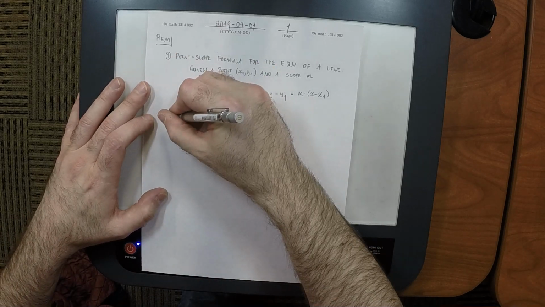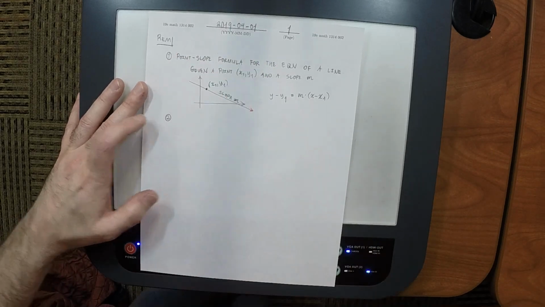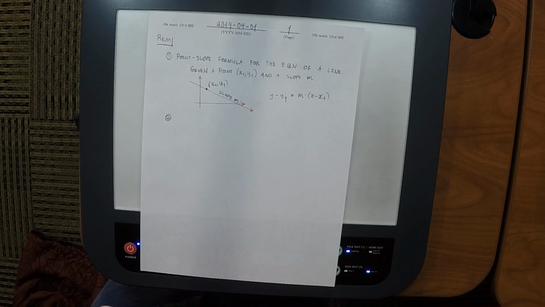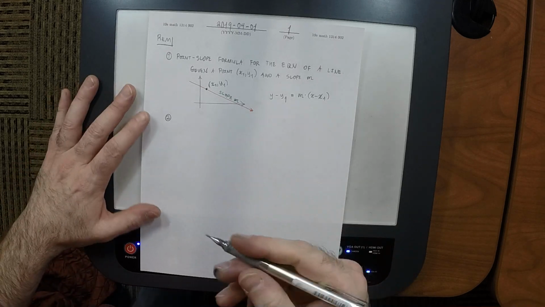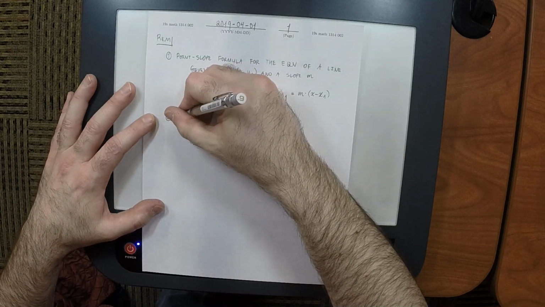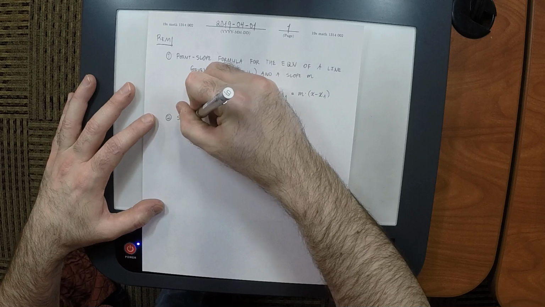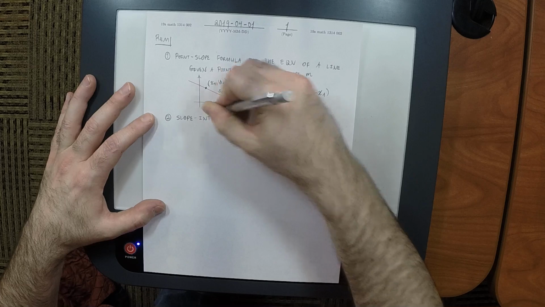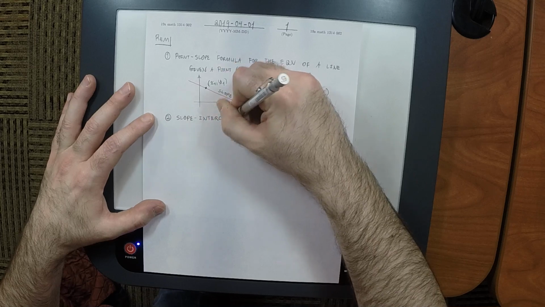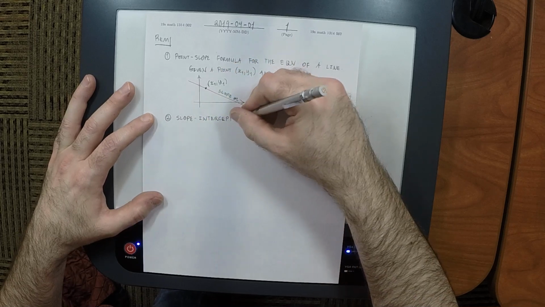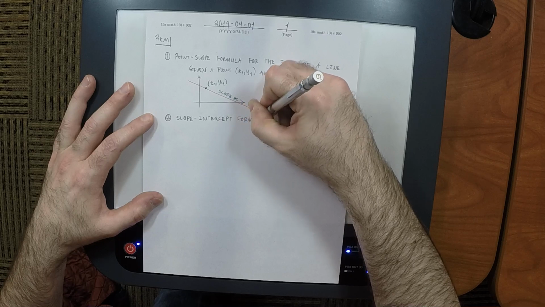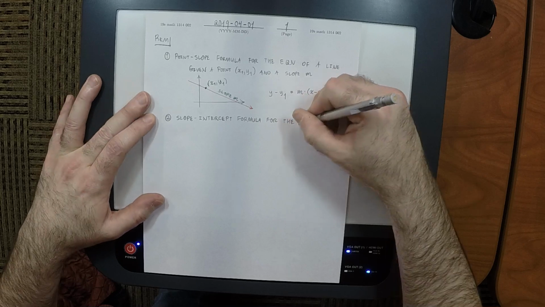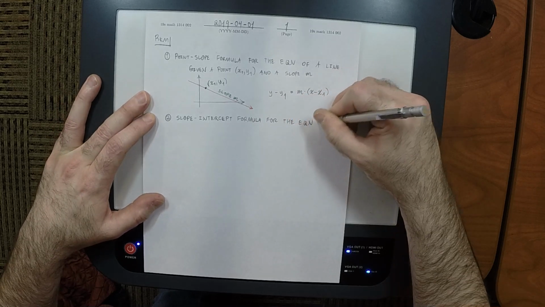And then as a special case, if the point that you know happens to be a y-intercept, then that's a special case, and that one is called the slope-intercept formula for the equation of a line.